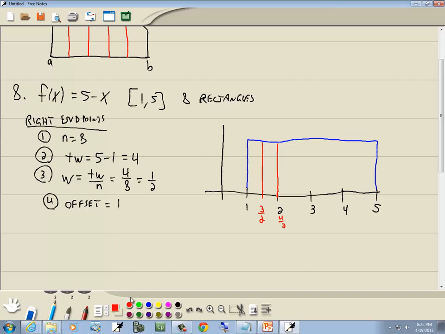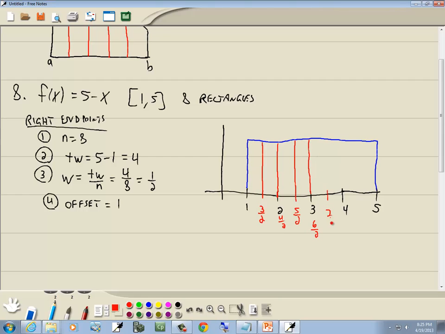Now, I was demonstrating that with the summation, but it's a lot easier than that. If we're dealing with a width of 1/2, and you're starting here, then this will be a width of a half. This will be a width of a half. The next one will be 5 halves. Next one will be 6 halves, which is right there.